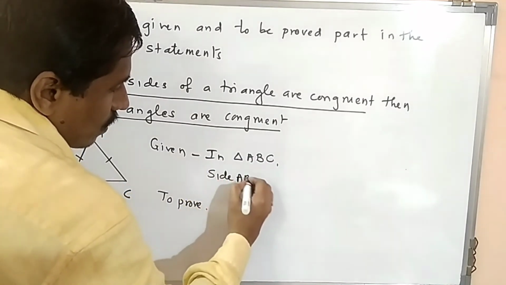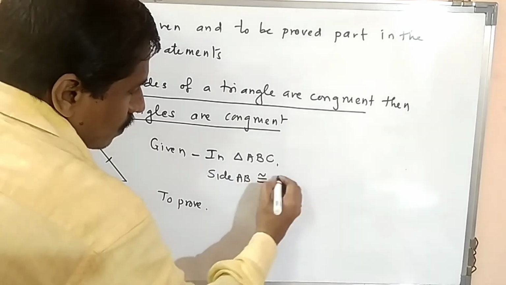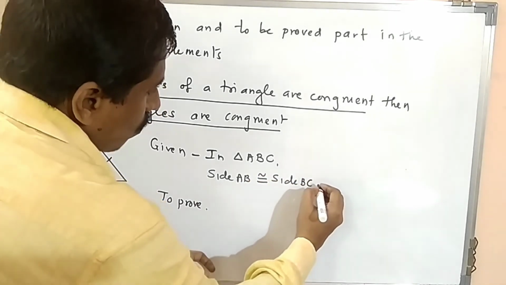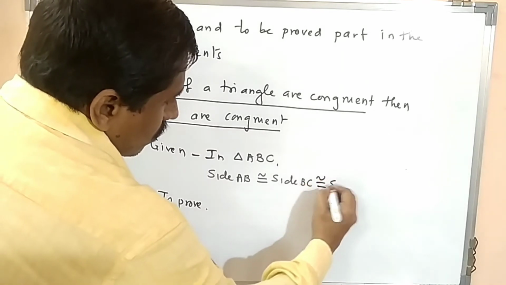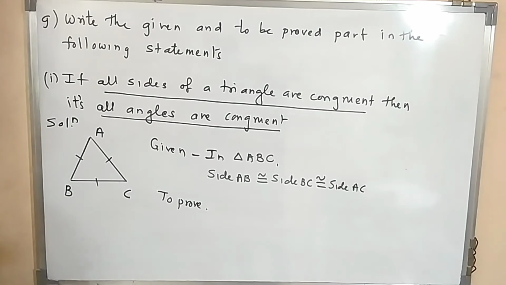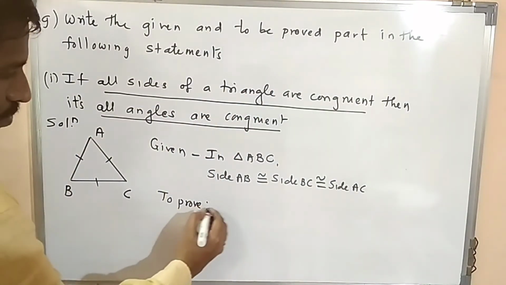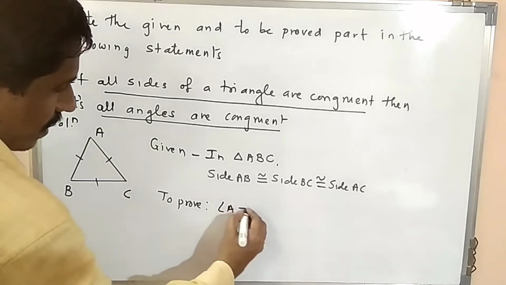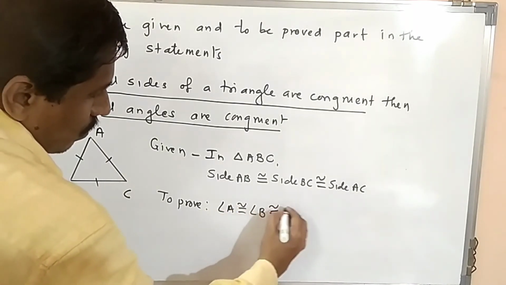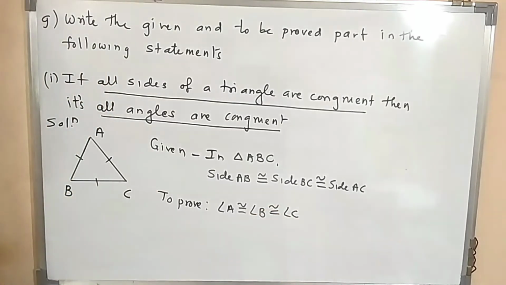Side AB congruent side BC is congruent to side AC. Then what I have to prove? What is to be proved? All angles are congruent. Therefore, angle A is congruent to angle B is congruent to angle C.